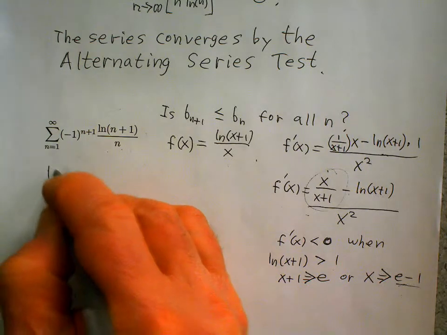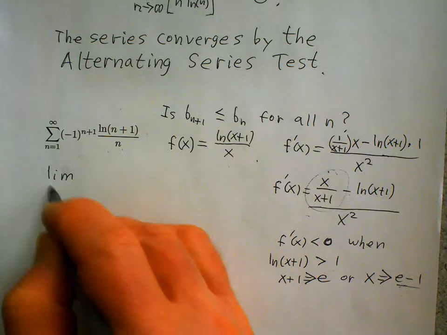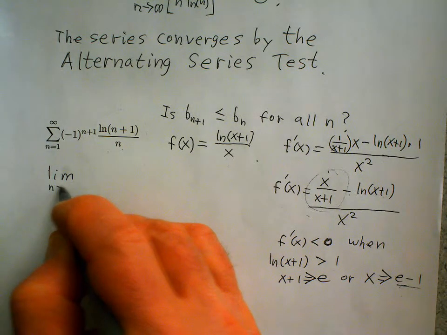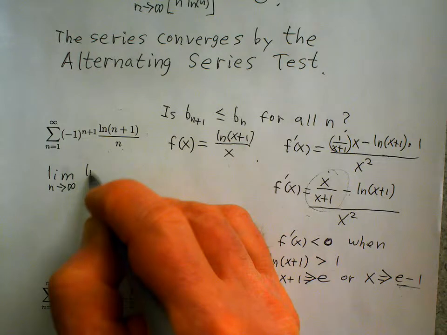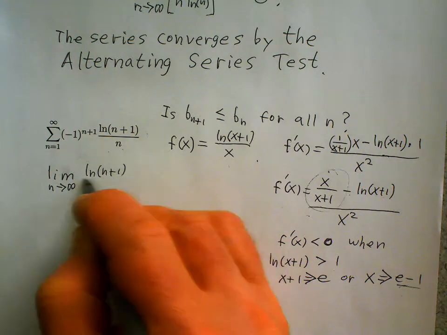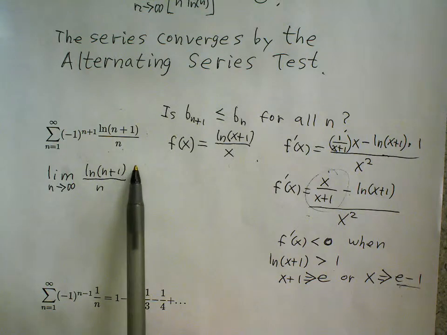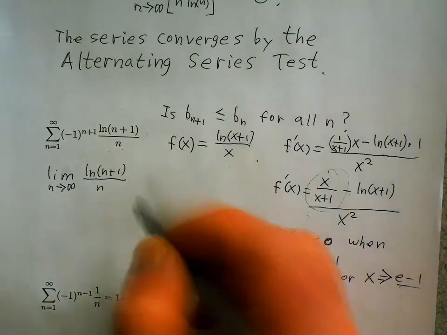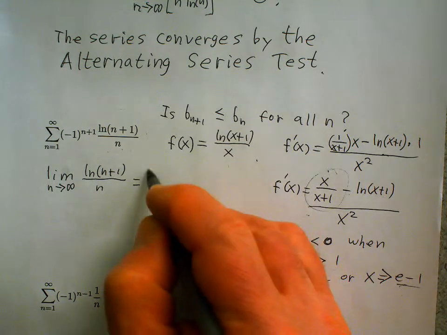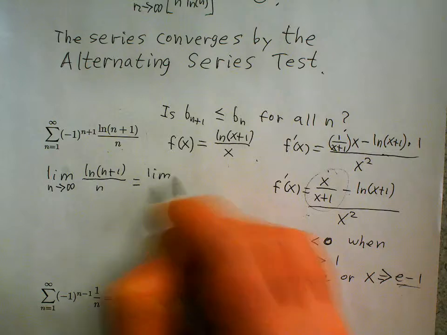And then we compute the limit of the b sub n sequence. As n goes to infinity, we get an indeterminate form, infinity divided by infinity, and so L'Hopital's rule applies.